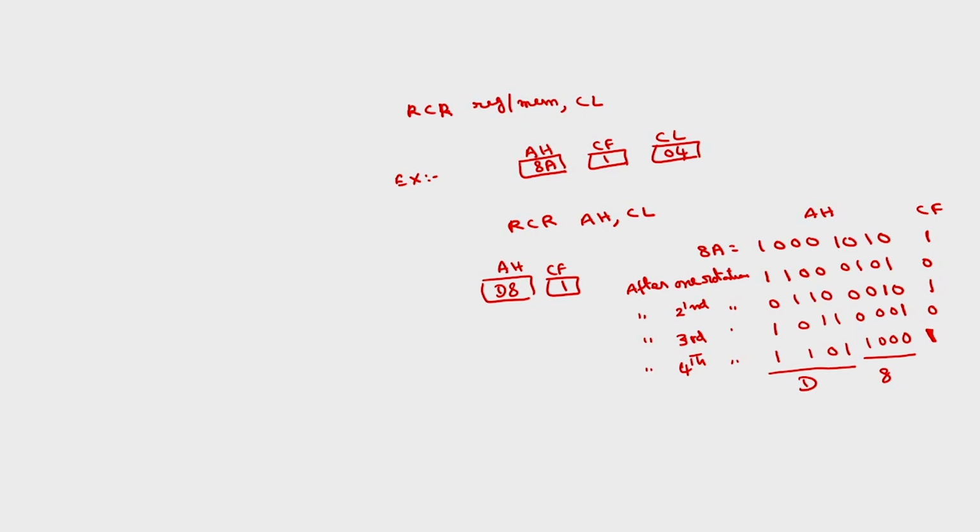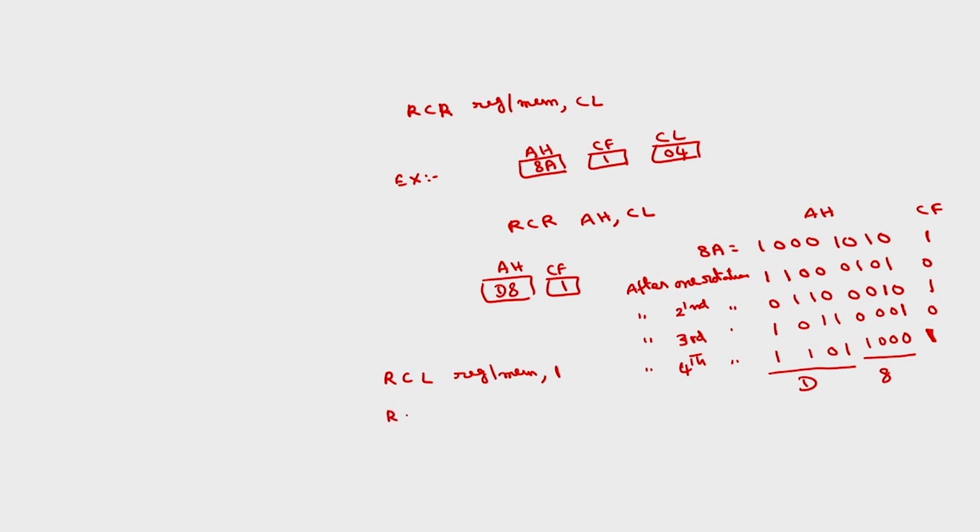Similarly, this is right operation, we have left operation also. We have two instructions for left. RCL, register/memory, we can shift by 1 bit position. The contents of either this register or memory will be shifted to the left by 1 bit position through carry. This is through carry. Okay.